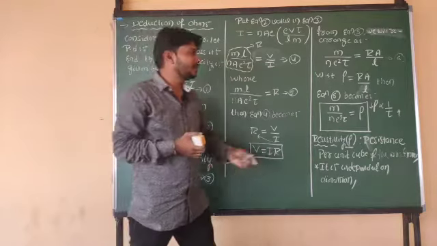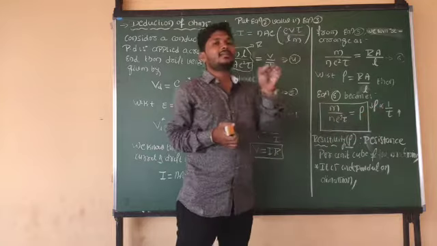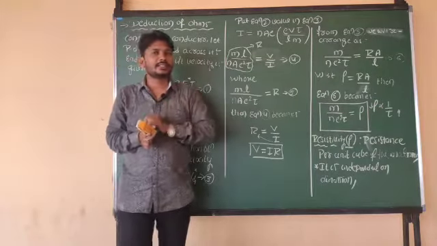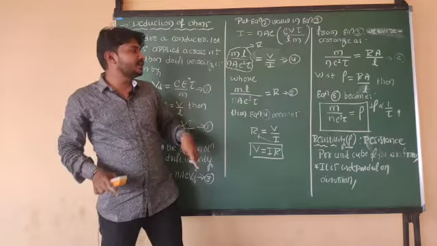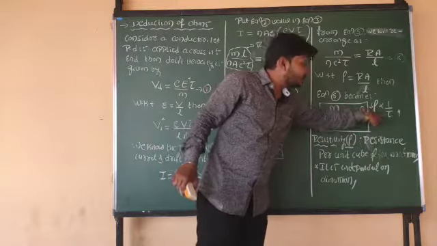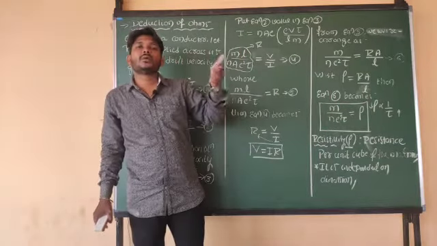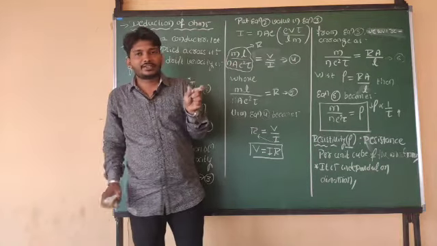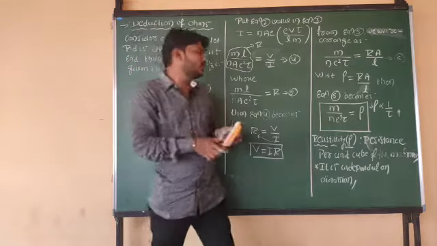Hope you understand these points. In case of resistivity, resistivity is inversely proportional to relaxation time, I said. So it means that as the relaxation time increases, the resistivity value will decrease. Relaxation time increases means it will take more time to collide. In the other way I can say, if the relaxation time is more there are fewer collisions.